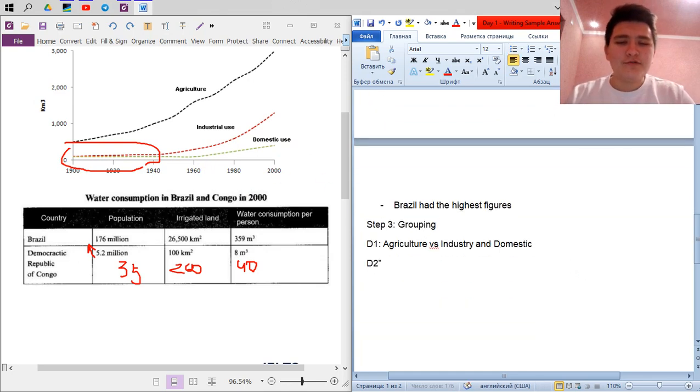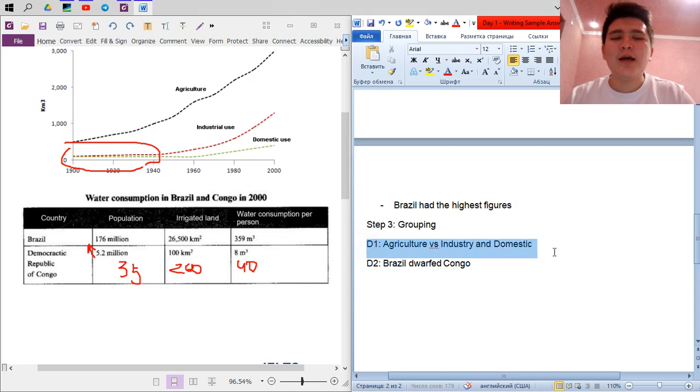Okay, and then detailed paragraph two, we'll write about how Brazil outperformed, or let's say, dwarfed Congo. I don't want to use the word outperformed again.